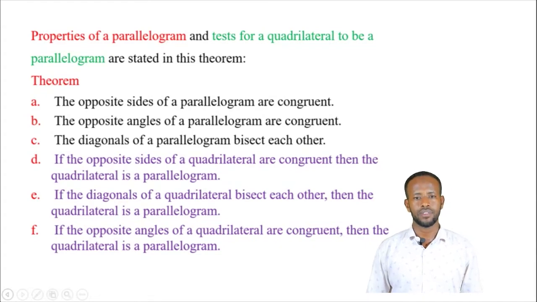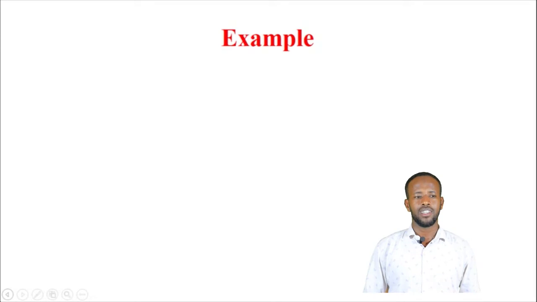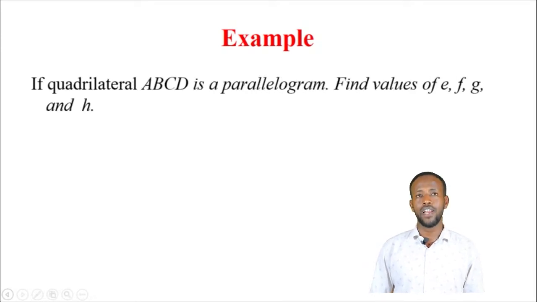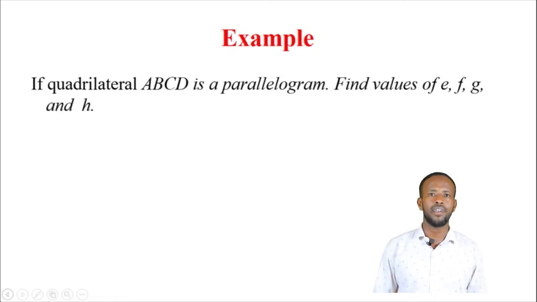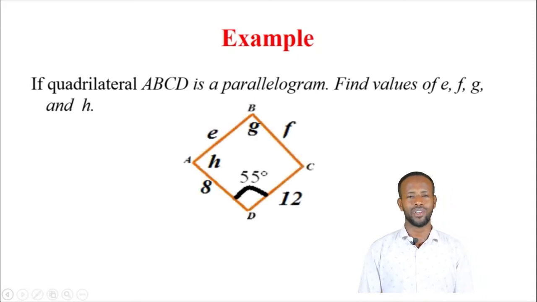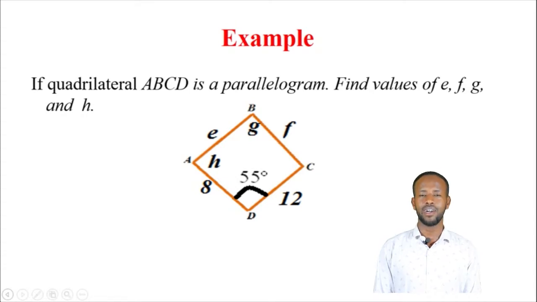Okay, example, let us see an example. In quadrilateral ABCD, a parallelogram, find the values of E, F, G and H. Assume that this is a parallelogram. You are given the figure.